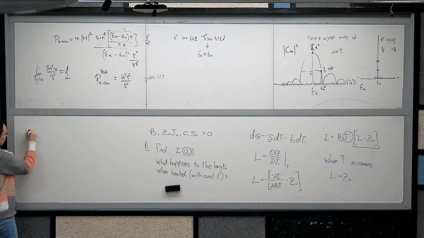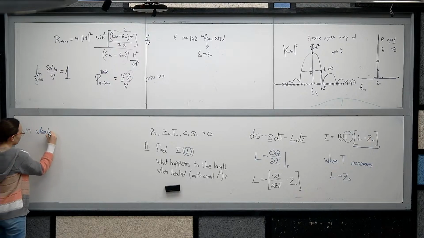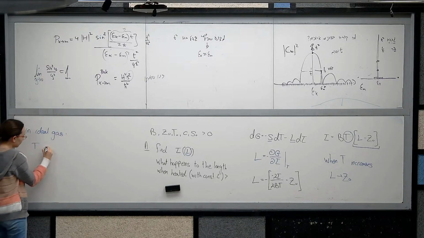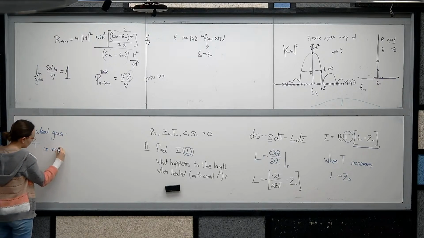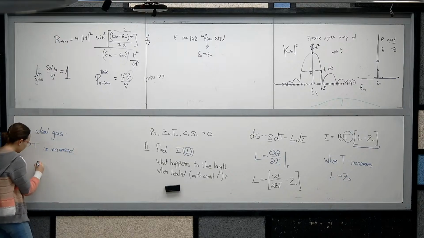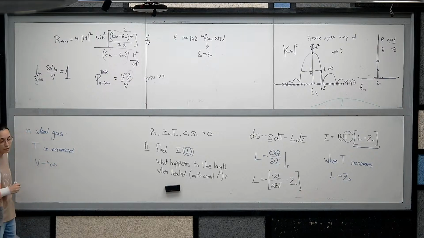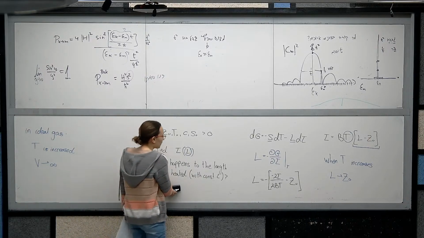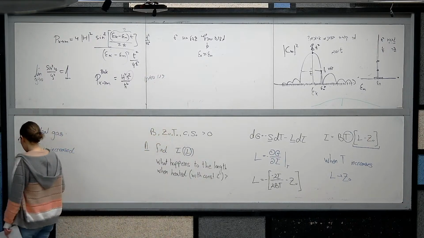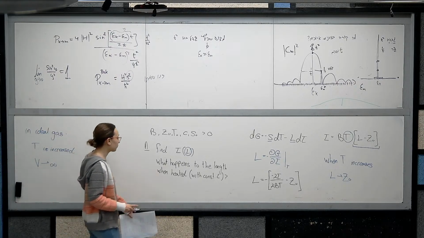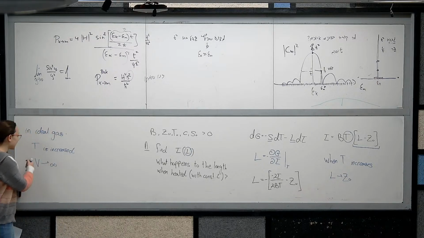So in ideal gas, when T is increased, V is getting bigger. The system is expanding. So the result we got here is the opposite of what we know from an ideal gas.